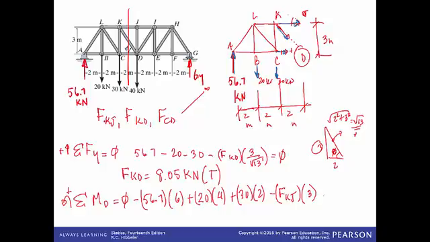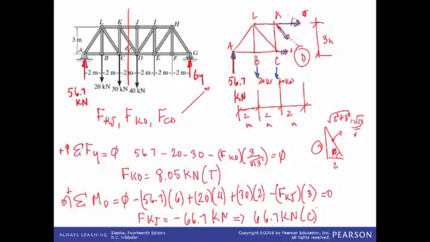Okay, this equals 0. So the force KJ equals negative 66.7. So I know it's in compression, so I can leave it expressed as negative, or say it's 66.7 kilonewtons, and it's in compression.